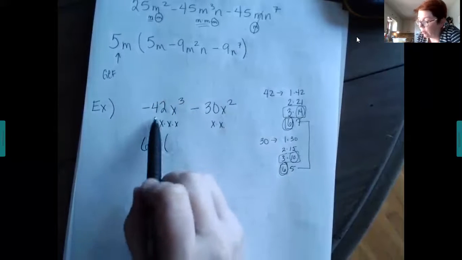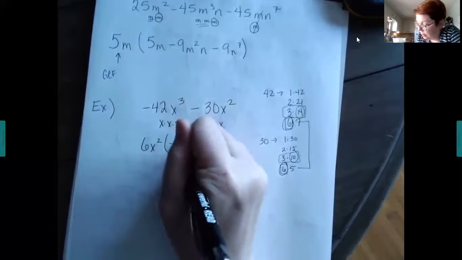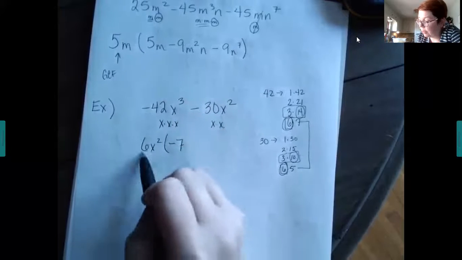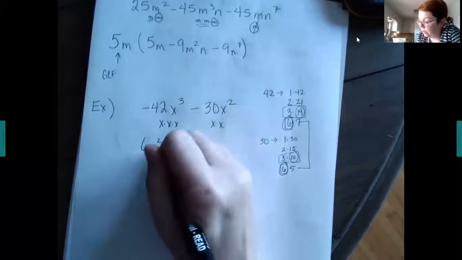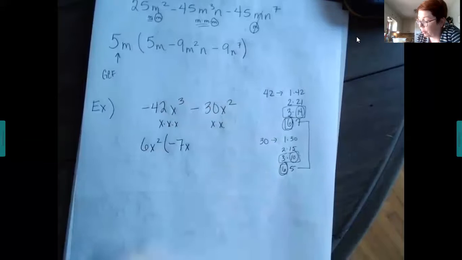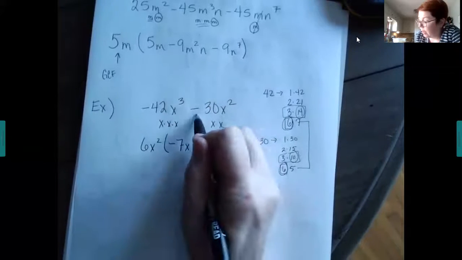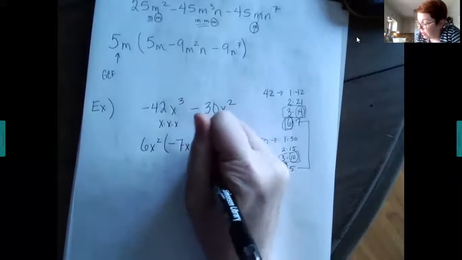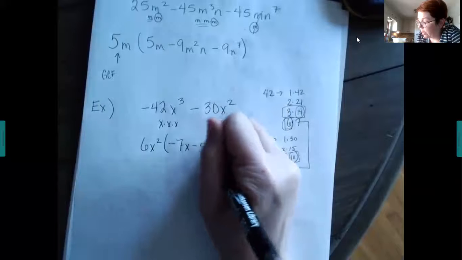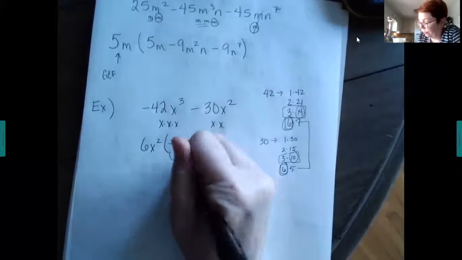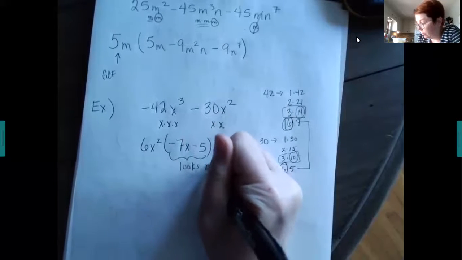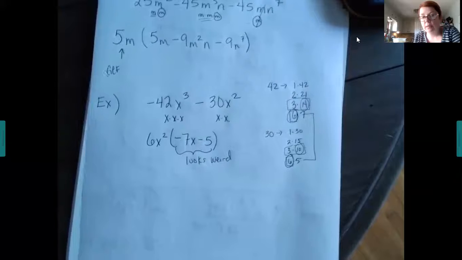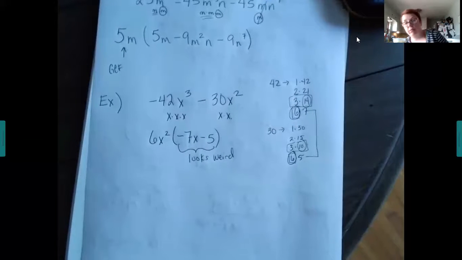If I just factor out 6, negative 42 divided by 6 is negative 7. Took those 2 x's away, leaving me with a single x. Minus 30 divided by 6 is minus 5. Took those x's away, but this looks weird.